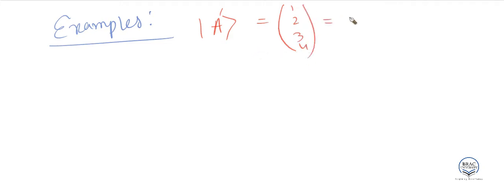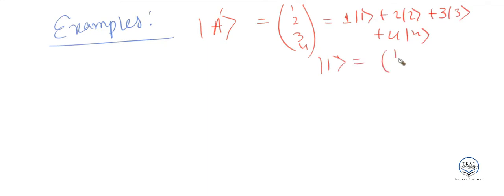And if you recall your lectures, this can be written as 1 times |1>, 2 times |2>, 3 times |3>, 4 times |4>, where |1> is denoted as 1 0 0 0, |2> was represented as 0 1 0 0, and so on. So these vectors are orthonormal to each other.